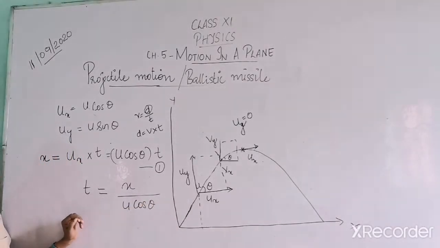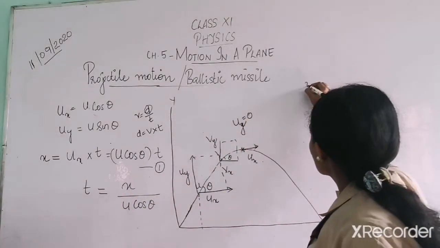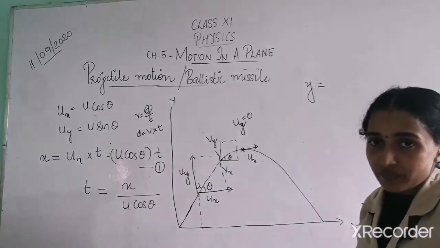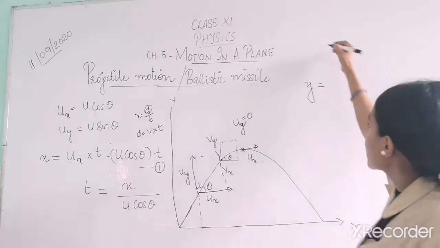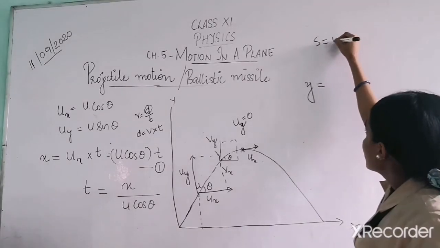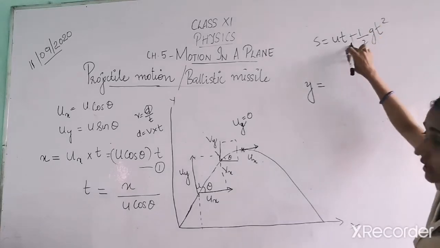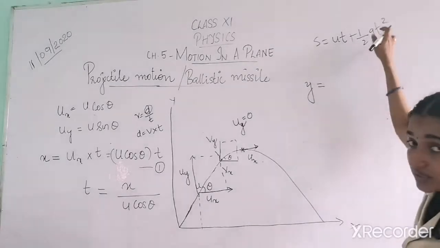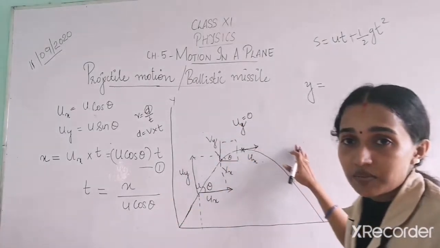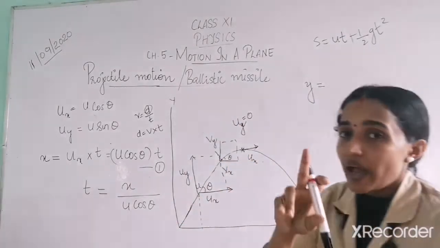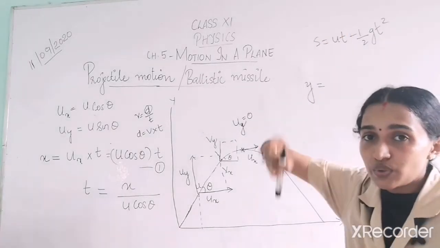Isn't it? Now similarly for the vertical component, the vertical displacement you will take as y. Which equation are you going to use? Equation of motion: S is equal to ut minus half g t square. This is the equation for the case of acceleration due to gravity. I told you for projectile motion, the force taking place there is gravitational force, or acceleration due to gravity.